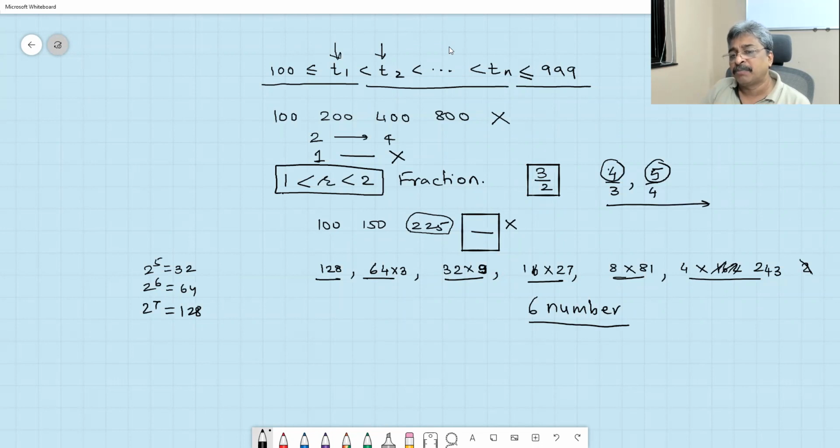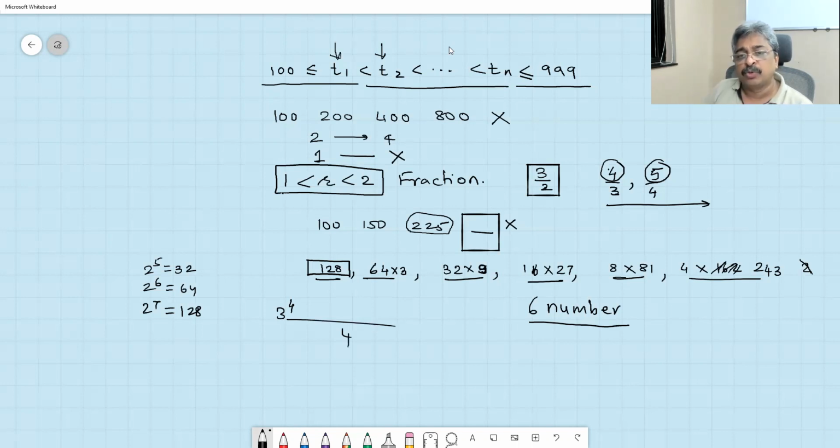We want to keep this number as small as possible, and the repeated factor also very small. If you end up with 3, then your first number is 3 into 3 into 3 into 3, so only 3 raised to 4 is going to be your first number, and then you will have only 4 numbers beyond that.